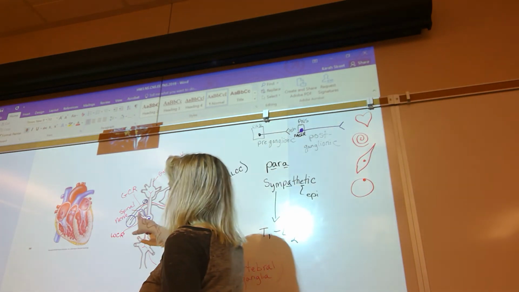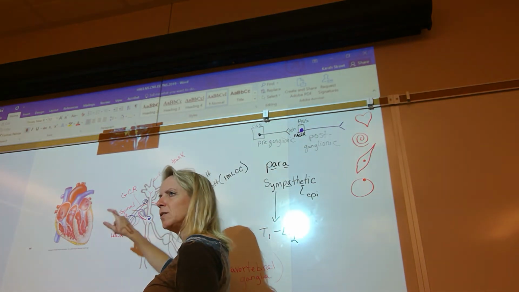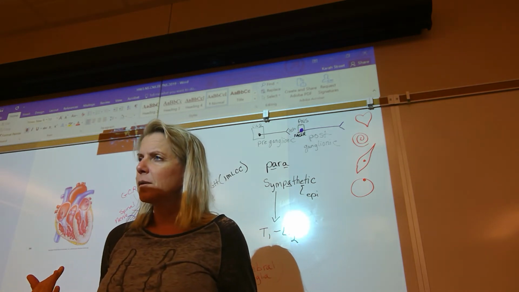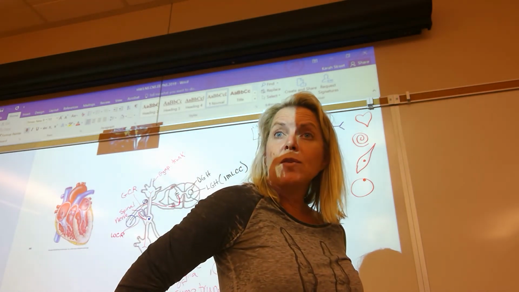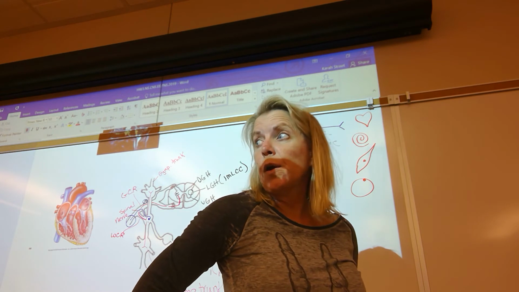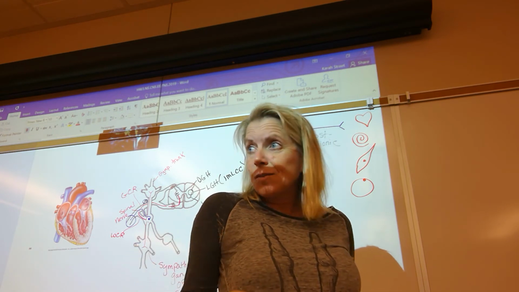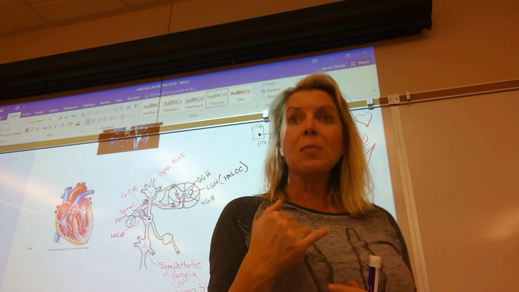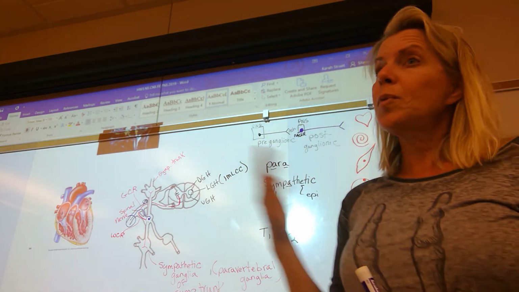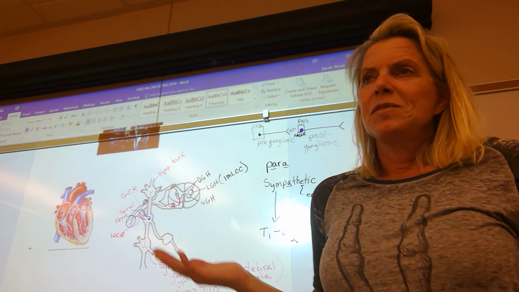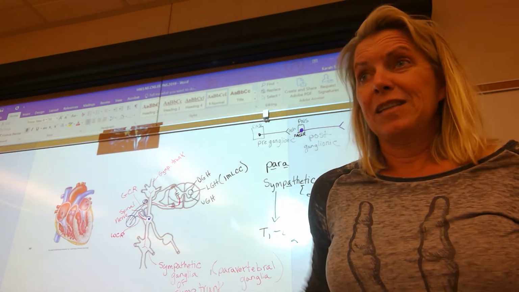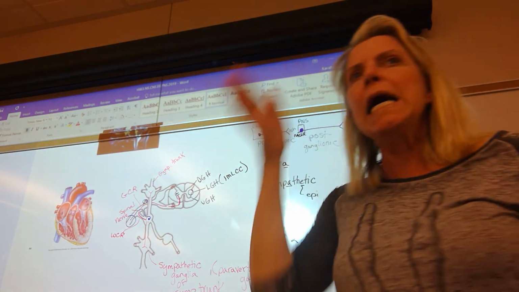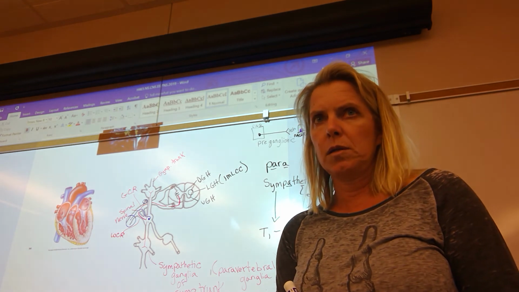Most things are going to enter an anterior primary ramus because where do you have your spinal cord? Back here. Most everything else is anterior of it, isn't it? So an anterior primary ramus is much larger than a posterior. You just don't need the volume because there's not much to get behind the spinal cord.